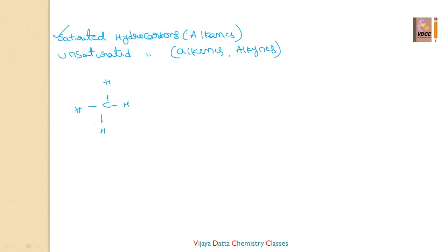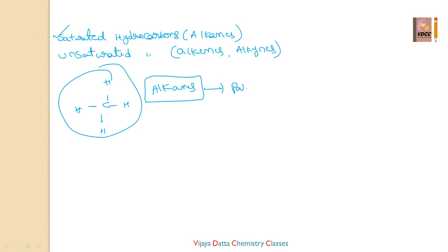The tetravalency will be fulfilled by hydrogens, and only sigma bonds will be present. An example is alkanes. Only single bonds are present, and alkanes are also known as paraffins.